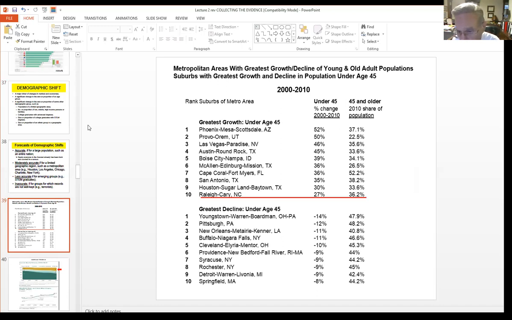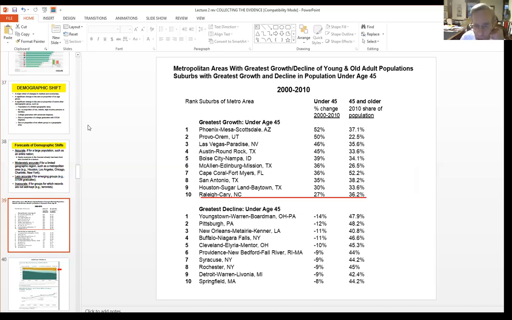So you can see that in that top group, the young adult populations grew rapidly. In the bottom, we can see that the young adult group has been declining. It's been shrinking, hasn't grown at all. Instead, during that decade, young adults emigrated away from those cities.